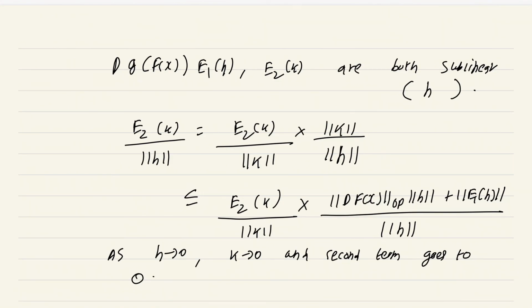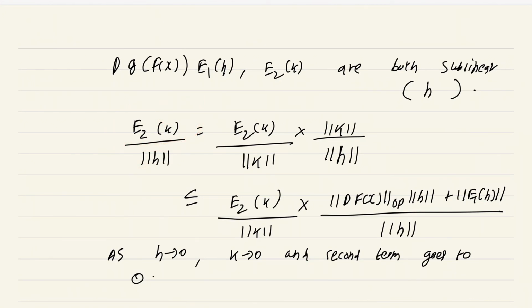Now, there is one crucial thing that has to be remembered. We have made the assumption that k is not 0 as h approaches 0. But that's not really an issue, because what was the original expression that we were interested in? We were interested in this expression, e2 of k by norm h. If for some value of h, k happens to be equal to 0, e2 of k is going to be anyway 0.